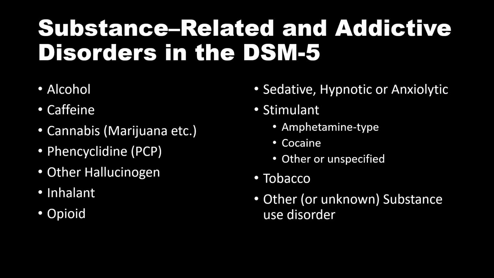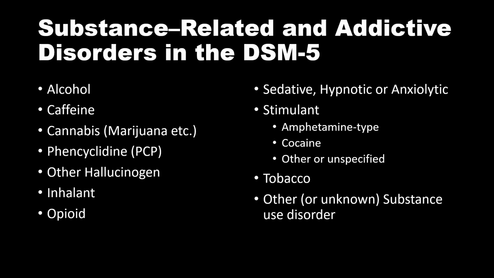Each of those blanks has to be filled in for the specific drug using a fairly limited list of drugs. The DSM-5 provides for a limited number of categories into which the drug the client is using has to be placed. These categories include alcohol, caffeine, cannabis or marijuana, PCP or phencyclidine, other hallucinogens, inhalants, opioids, sedative, hypnotic, and anxiolytic.